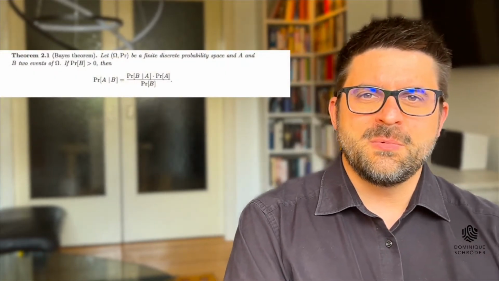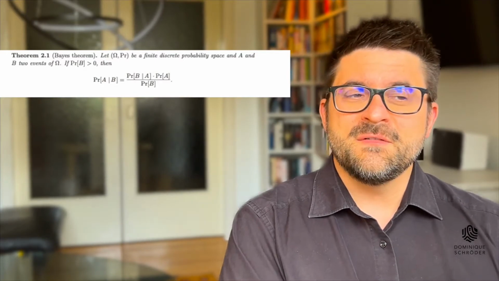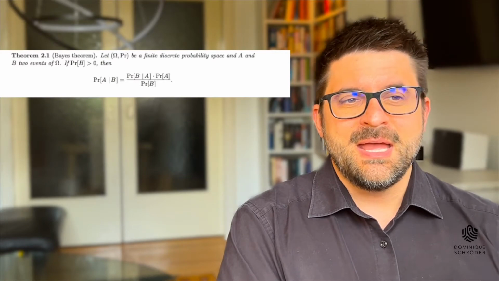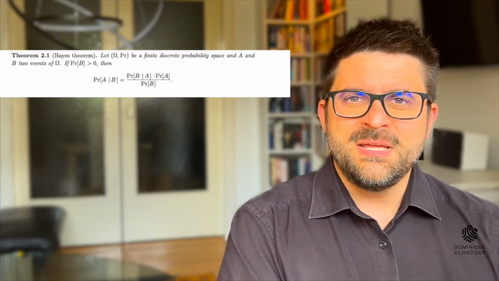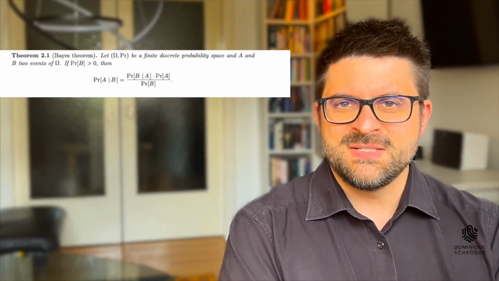Given the definition of conditional probability, this brings us to the famous Bayes theorem, which allows us to compute these conditional probabilities, and it looks as follows. We are considering a finite discrete probability space and two events A and B, and we assume that the event B does not happen with zero probability, so it is bigger than zero.